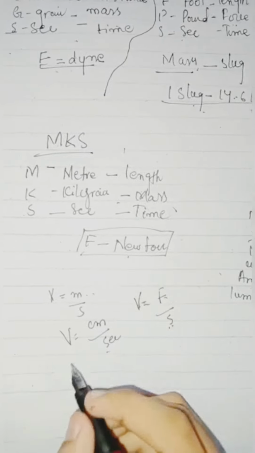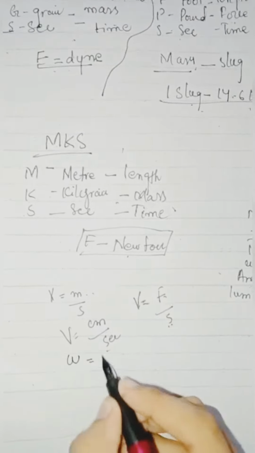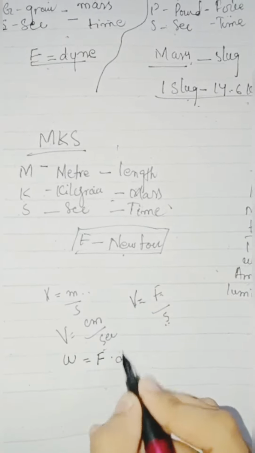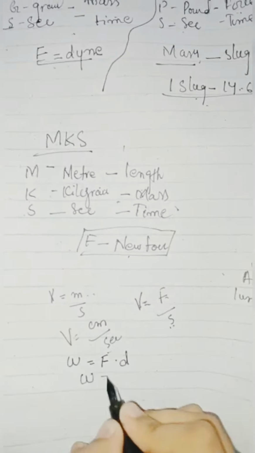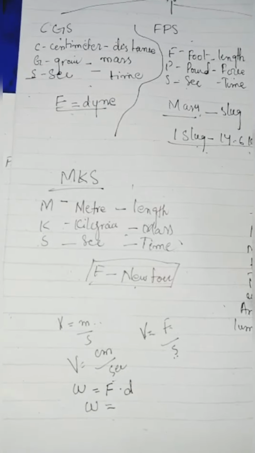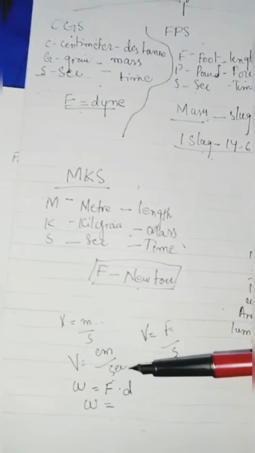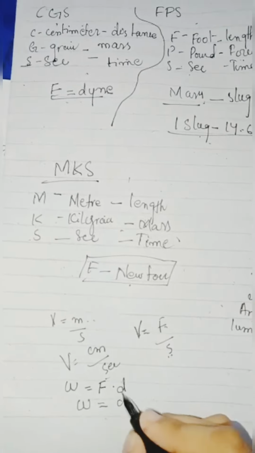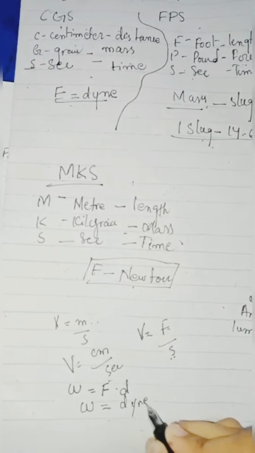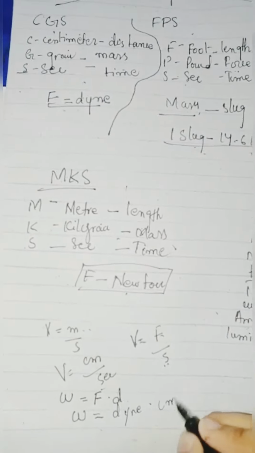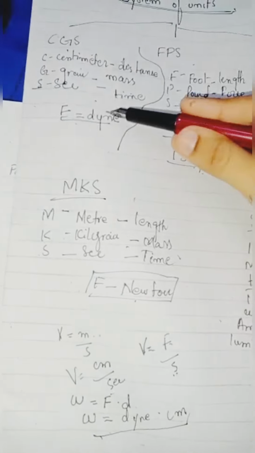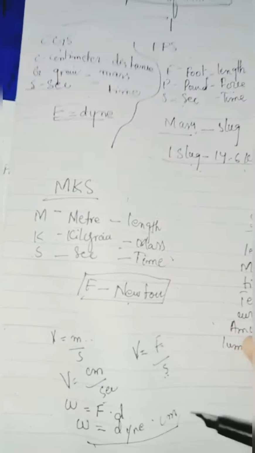For example, work is equal to force into distance. What will be the formula of work in CGS system? The unit of force is dyne and the unit of distance is centimeter, so the unit of work in CGS system will be dyne into centimeter.